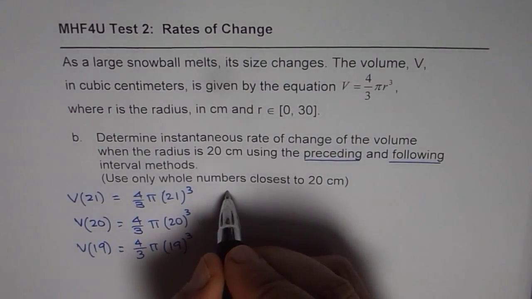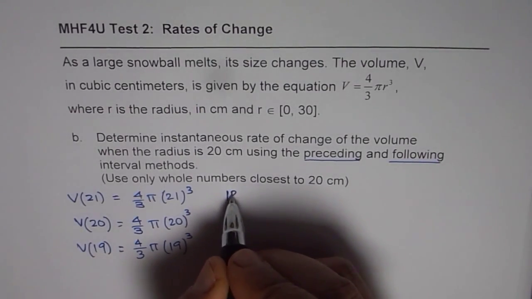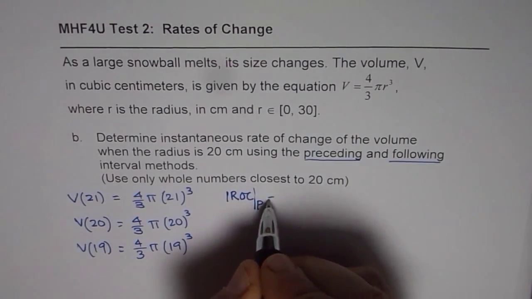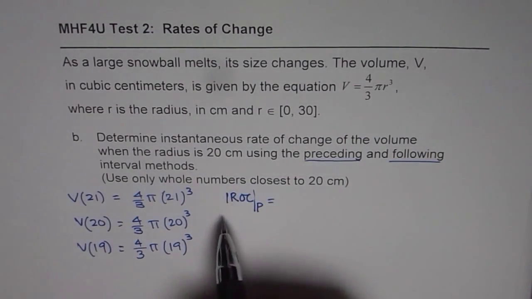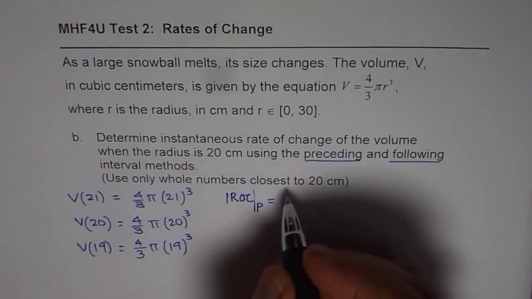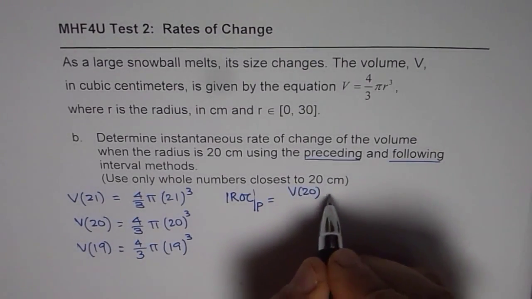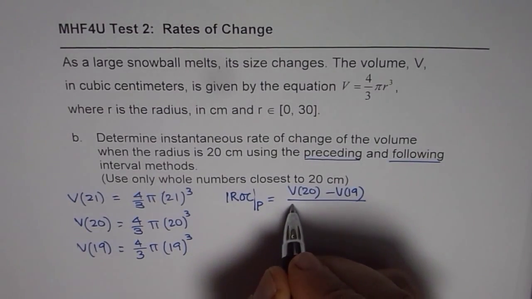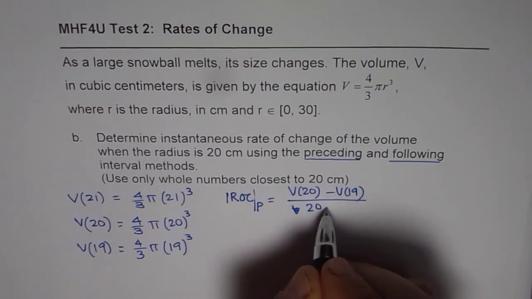Once you have these values, the preceding interval method will give you the instantaneous rate of change. Let me write instantaneous rate of change, and let me write preceding, P. That means before 20, right? So 19 to 20. You can say V of 20 minus V of 19, divided by 20 minus 19, correct?